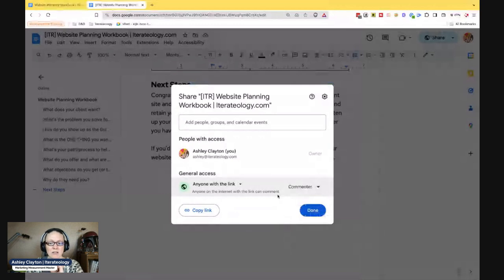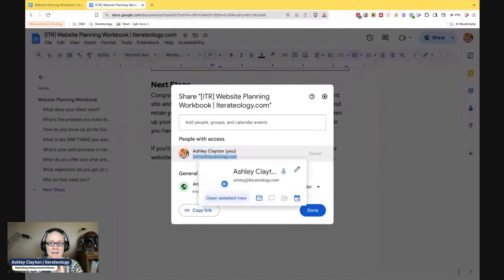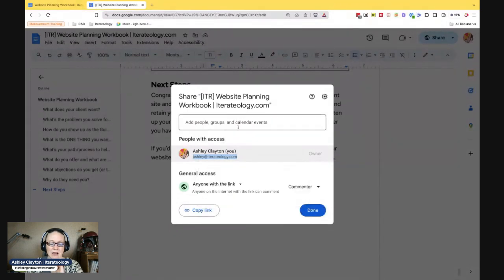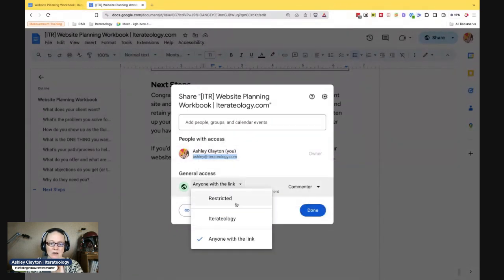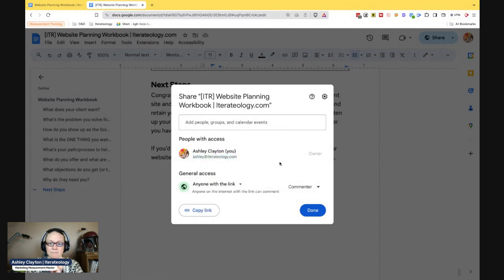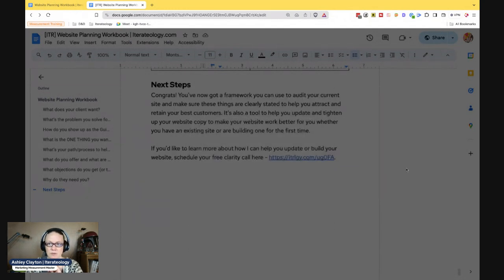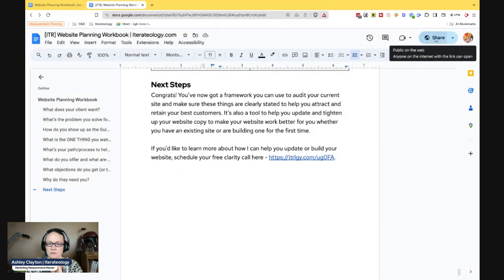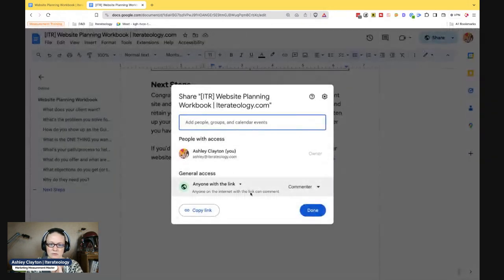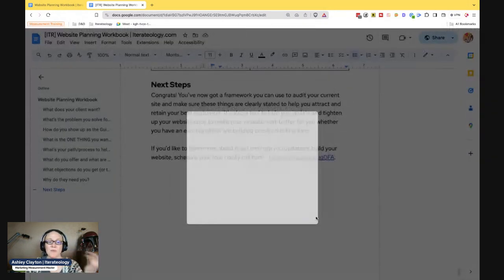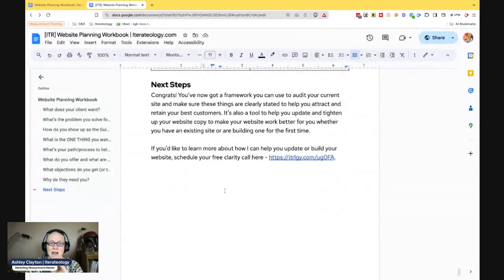You can email it, or if you don't want to do a general link, you can add Ashley at Iteratology as somebody that has access. That's how you can share that.